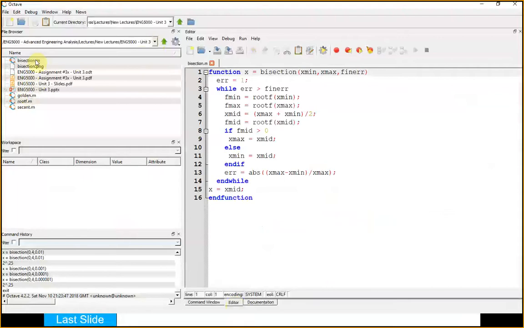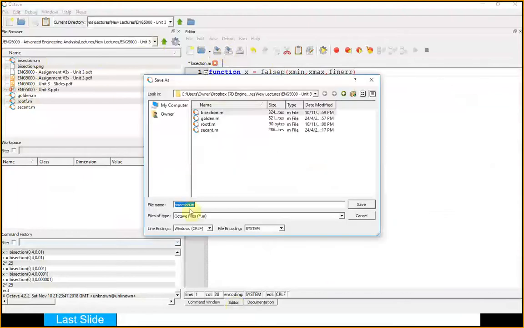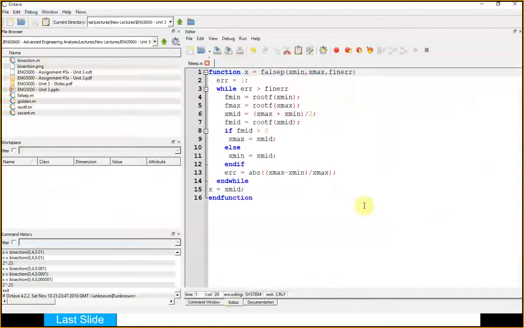So what I'm going to do now is just change this function to another one called false P. Let's call it false P, and I'll save it as false P. Now as it is right now, this is not really false position, it is bisection.